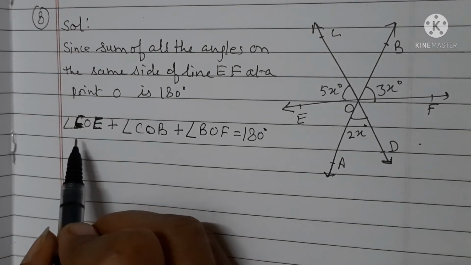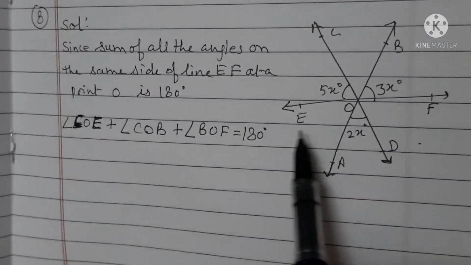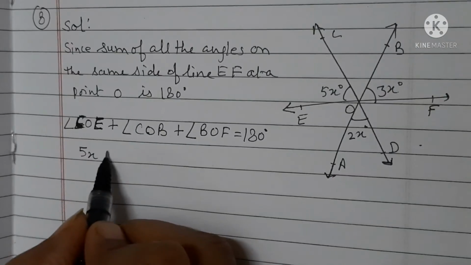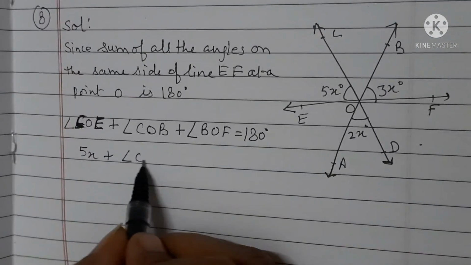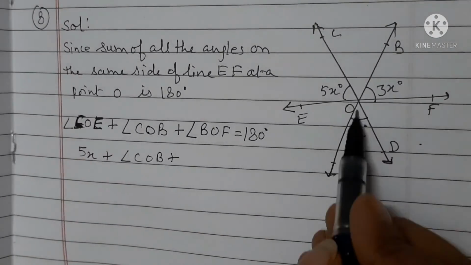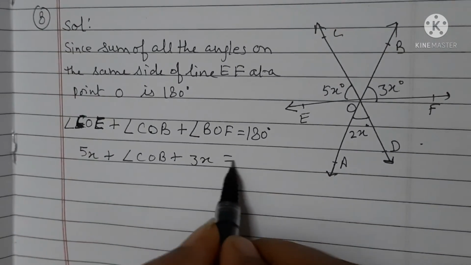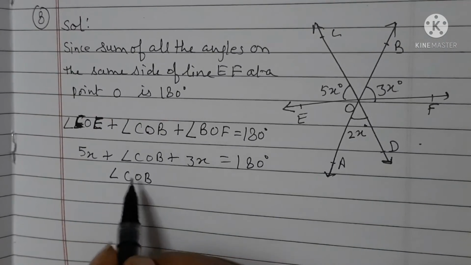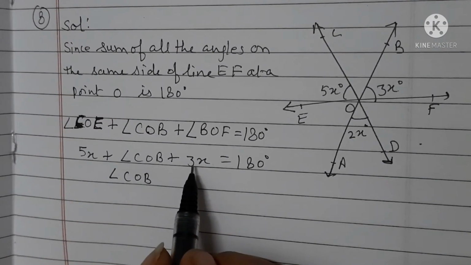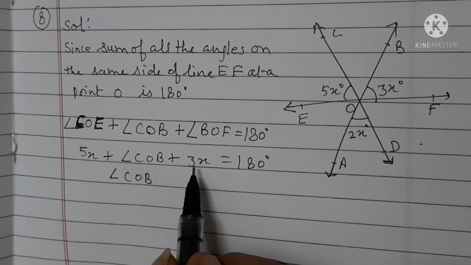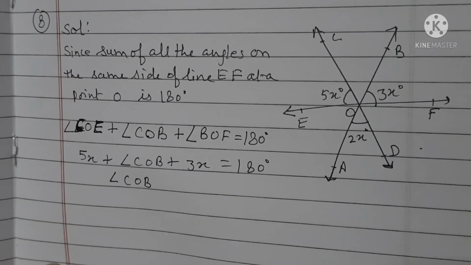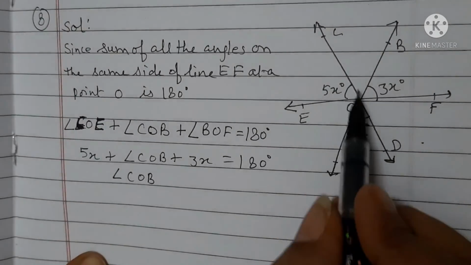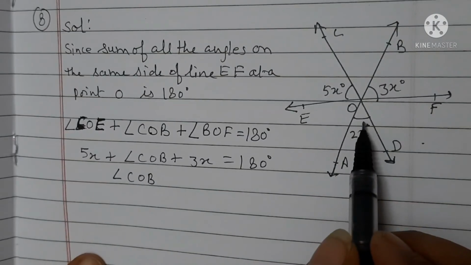Now substitute the value of these angles. COE, which is 5x, plus COB as it is, plus angle BOF, 3x, is equal to 180 degrees. Now 5x plus 3x means 8x. You can write in place of COB, 2x, because these two are vertically opposite angles.